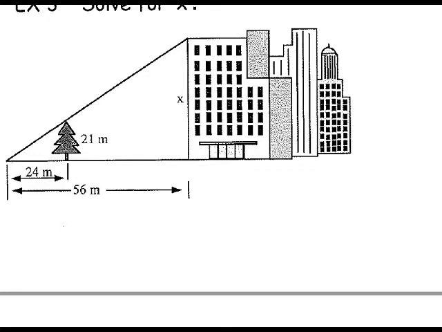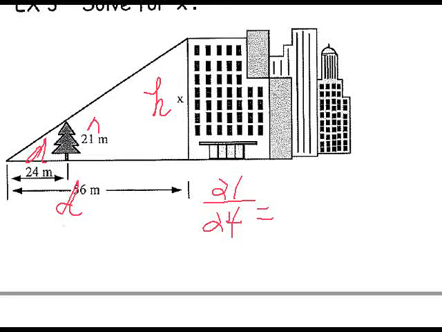All right. Again, starting over. Grab my pencil. We've got distance and height. Distance and height. So, the height of the tree is 21. The distance from us to the tree is 24. The height of the building, well, that's our x. But our distance from us to the base of the building is 56.